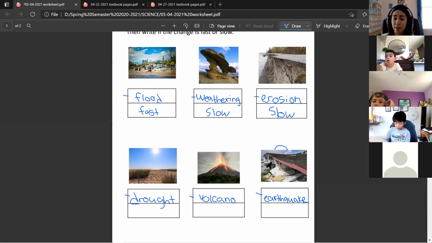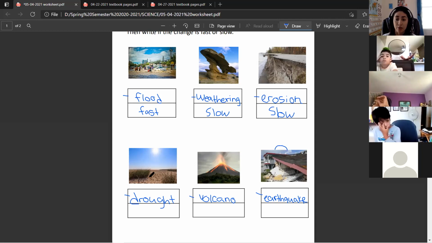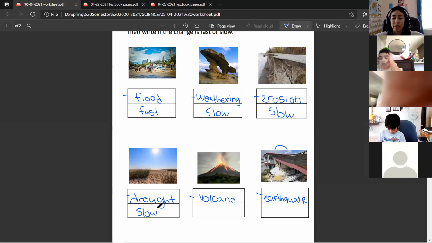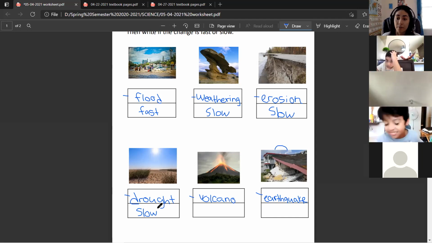Now, look at drought. Is this a slow change or is this a fast change? Slow. This is a slow change. It doesn't happen overnight. It's not like a piece of land with beautiful trees and really nice green grass, and then overnight it's completely gone and there's barely any trees.